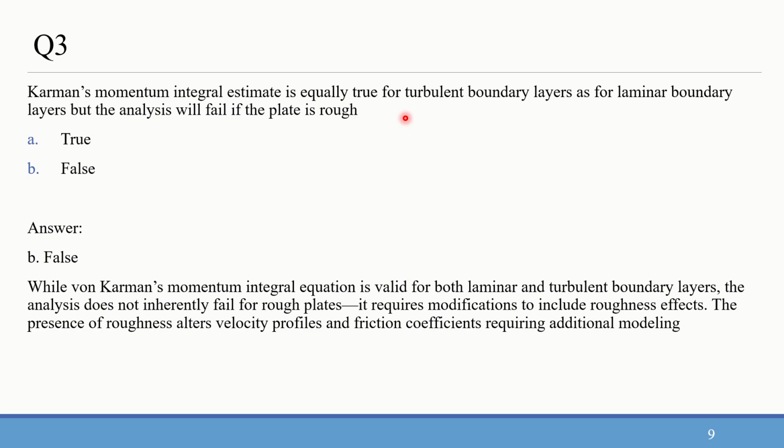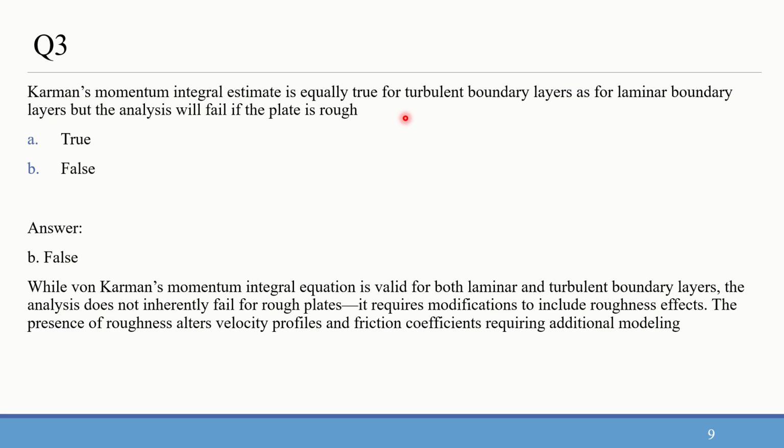Why? Because Karman's momentum integral equation is valid for laminar and turbulent boundary layers, and if the plate is rough it does not inherently fail. Rather, we require some modifications to include the roughness effects.